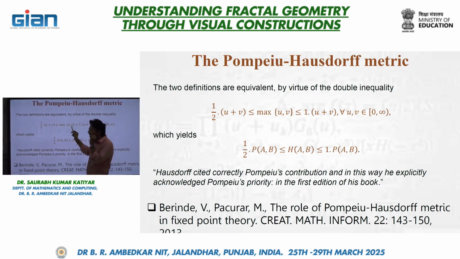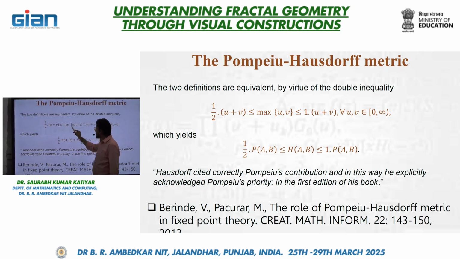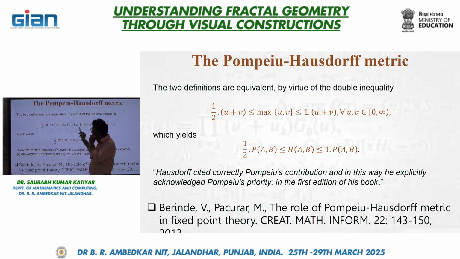Means 3 and 7: the maximum of 3 comma 7 is 7, and that will be less than or equal to 3 plus 7, which is 10. And this quantity will always be greater than or equal to the arithmetic mean, u plus v divided by 2, right?